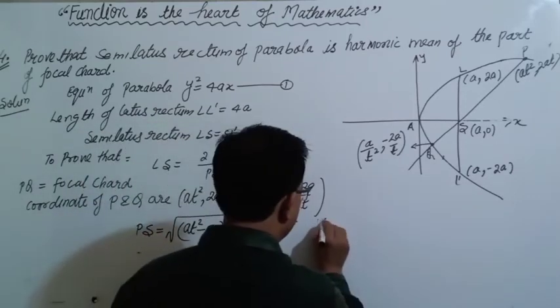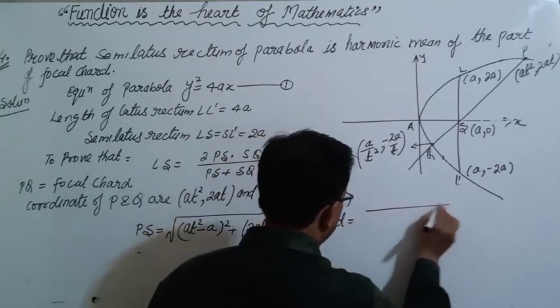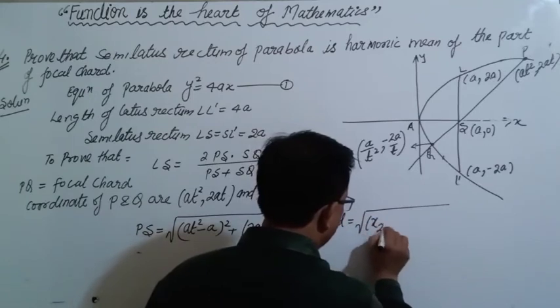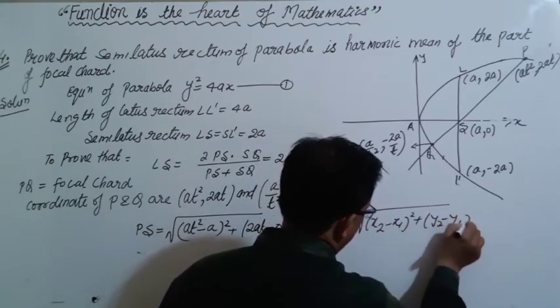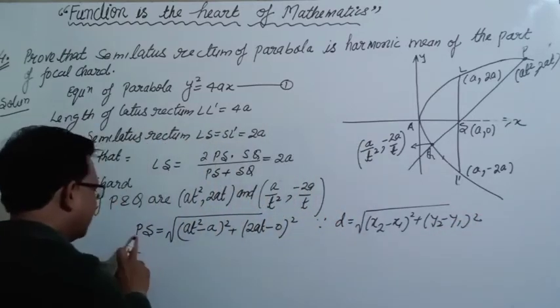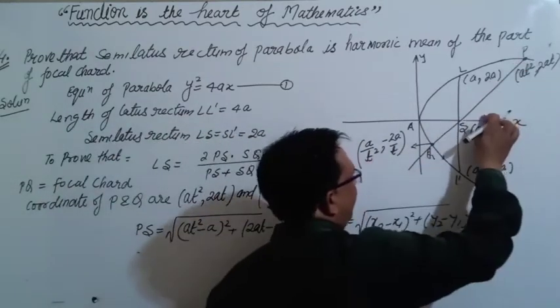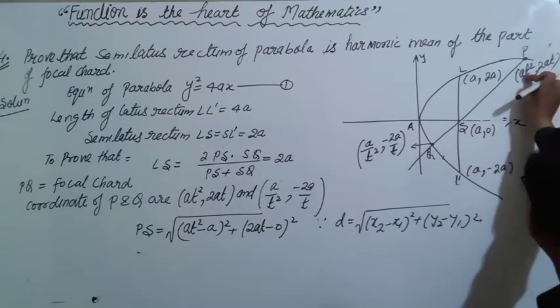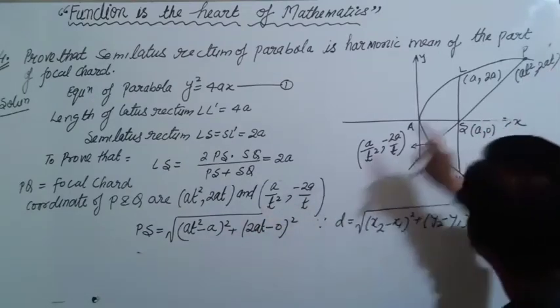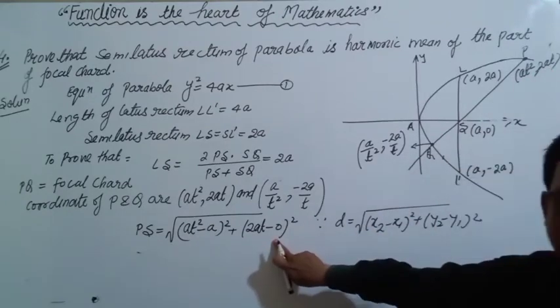Here we apply the distance formula: D is equal to the square root of (x2 minus x1) whole square plus (y2 minus y1) whole square, the distance between P and S. This is x2, y2, x1, y1.